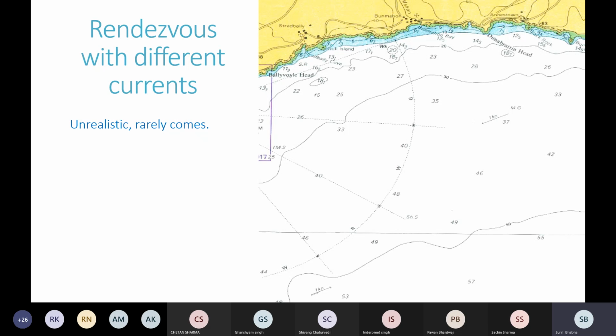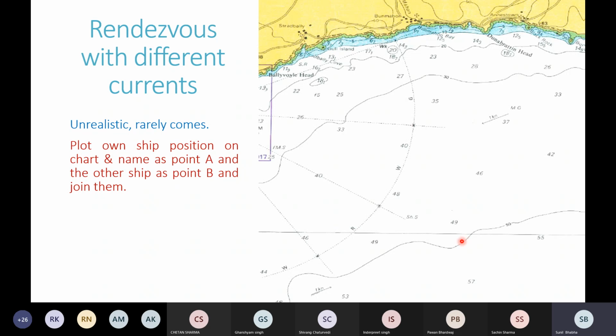Logically, it may not be right, but if you face this type of question, though it rarely comes in the exam, we can easily find out what will be the rendezvous position as well as the rendezvous time. So let's see how do we solve.